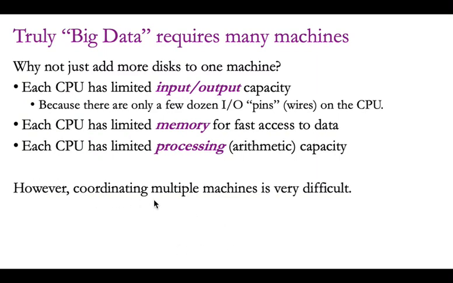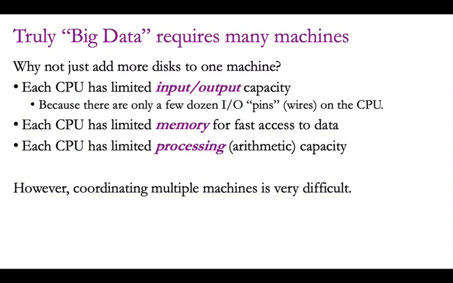So coordinating multiple machines is very difficult. You would hope that maybe there's some magical system that others would build that would do all that coordination for you, and then as a user you could just write your SQL query or whatever, and somehow the big data system would run it.